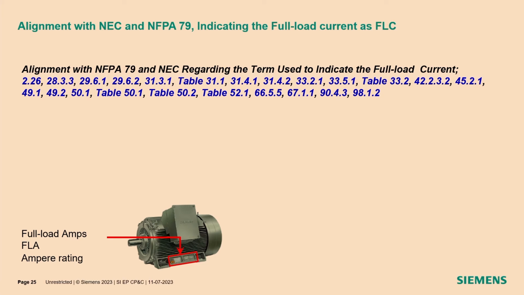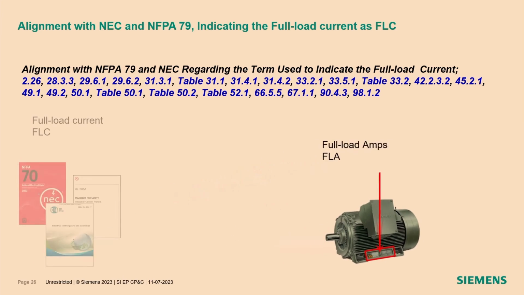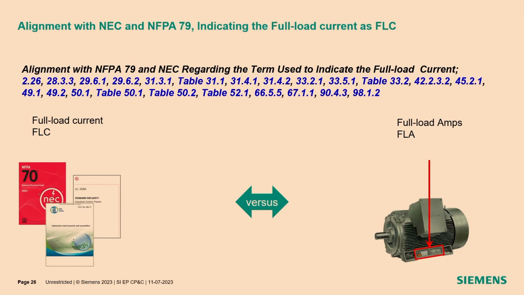This makes it very clear. So for the result, on the one side we have the FLC, the full load current, the current rating, versus the nameplate current, which is full load amps, FLA, the ampere rating. Now everybody knows which current shall be used for which application.